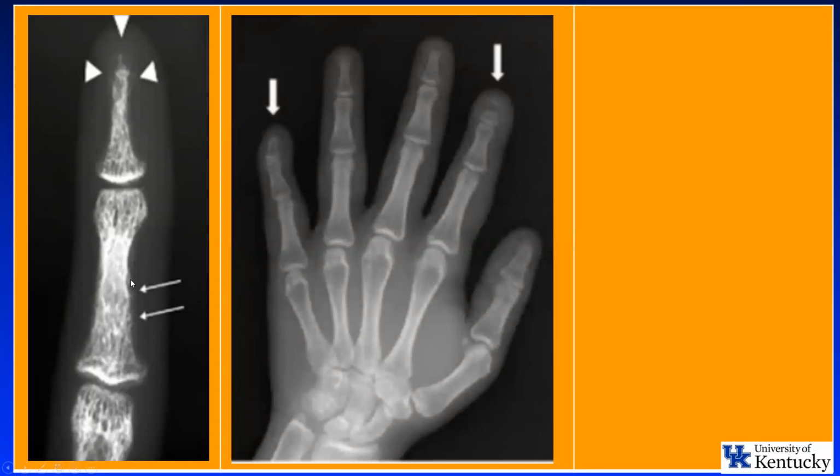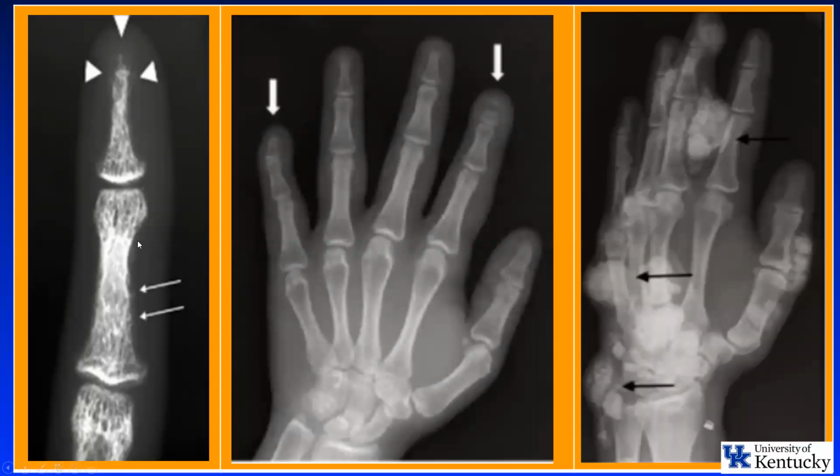And also you can see that the radial aspect of the fingers has subperiosteal bone loss. So even here you can see the distal part of the fingers in our dialysis patient can be lost. This is called acroosteolysis. And of course you can see the soft tissue calcification.